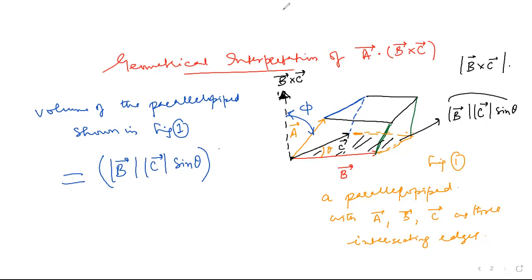Height of this parallelepiped is A cos phi. You can see the height of this parallelepiped is A cos phi, the projection of A on B cross C. Since it is making angle phi with B cross C in the figure, A cos phi, that is the magnitude of A into cosine of angle phi, is height.